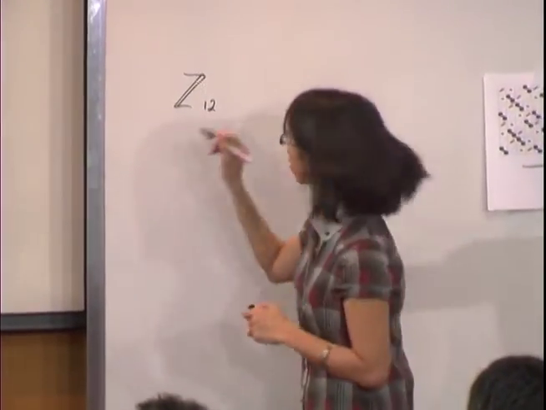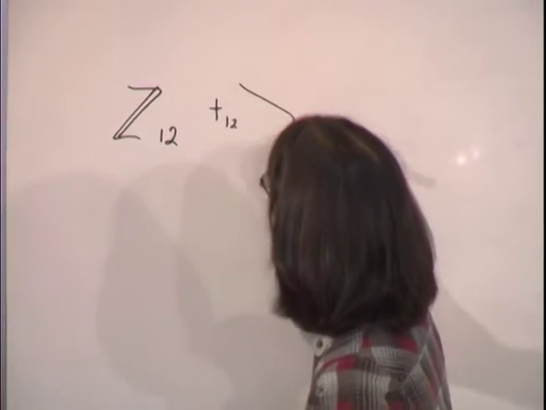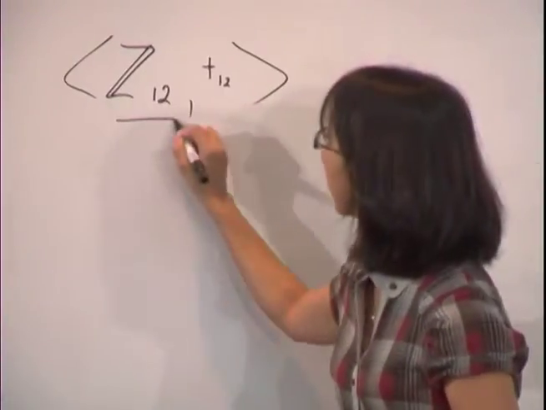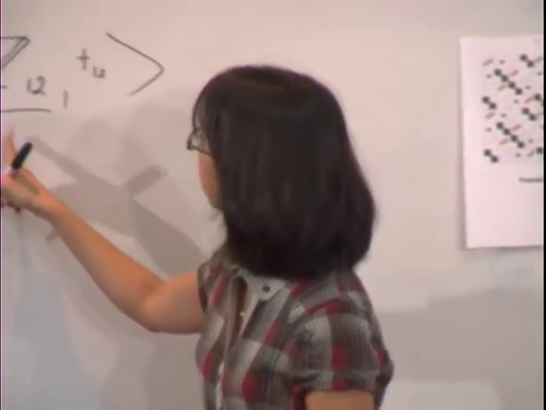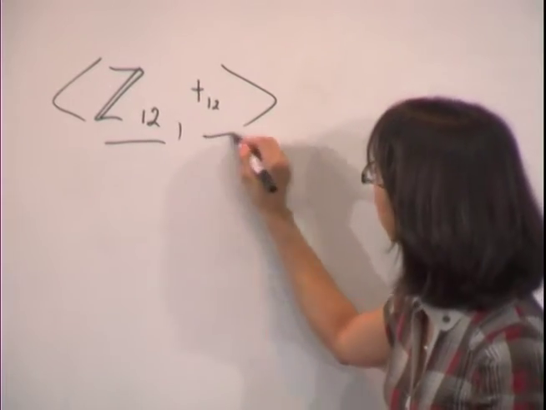Our set Z12 together with the operation addition modulo 12 forms a group. Why? Because we're talking about a non-empty set, right? So it has the elements 0 to 11. And we are talking also about a binary operation.